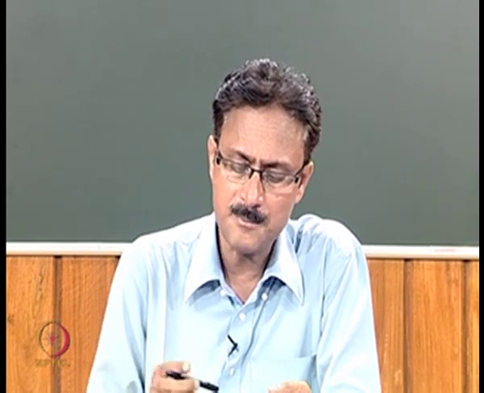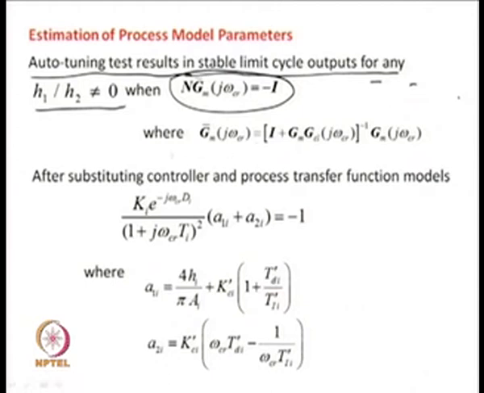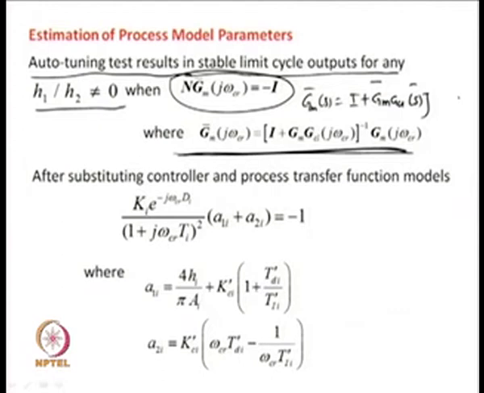Now, GM bar(j omega CR) is further found from the block diagram. In transfer function form, GM bar(s) is equal to (I plus GM GCL(s)) inverse times GM(s), which in the frequency domain is given in this form. So, this is how we get this analytical expression from the loop equation or the characteristic equation of the loop.